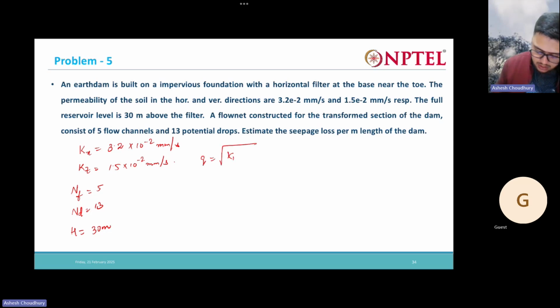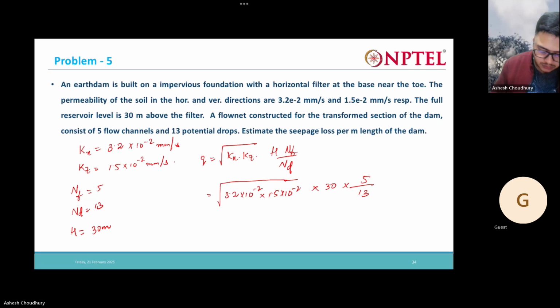Root over kx times kz, h by d, square root 3. So calculate.